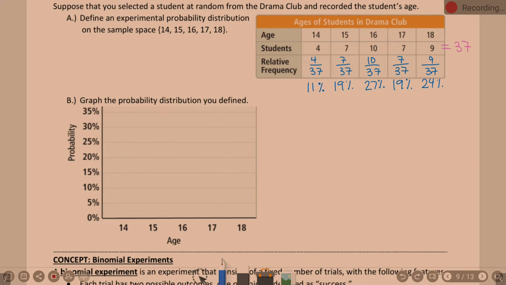So what do we know about the bar for age 14? 11%. So you're making a bar that goes up to 11%. Age 15 is going to 19%.